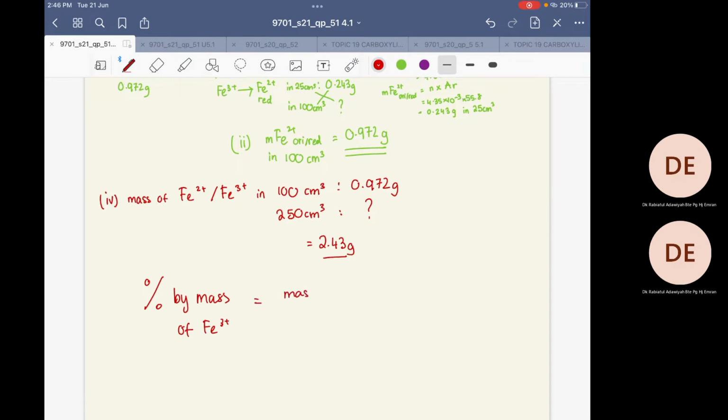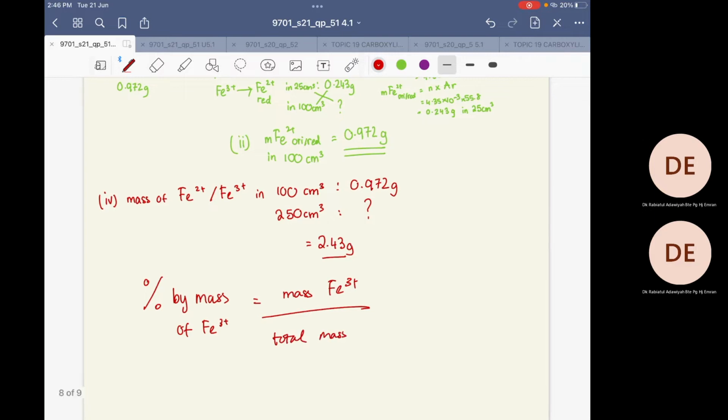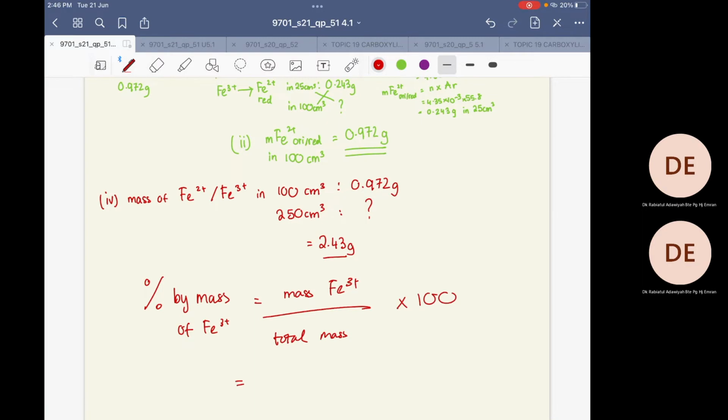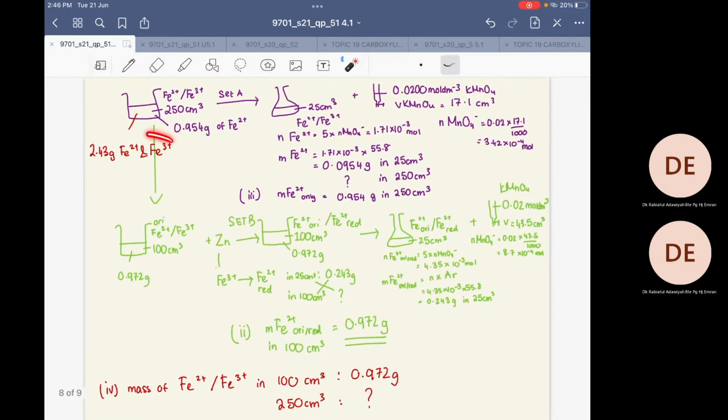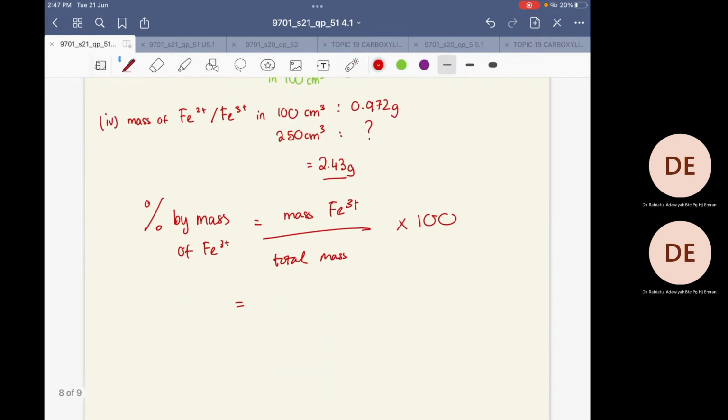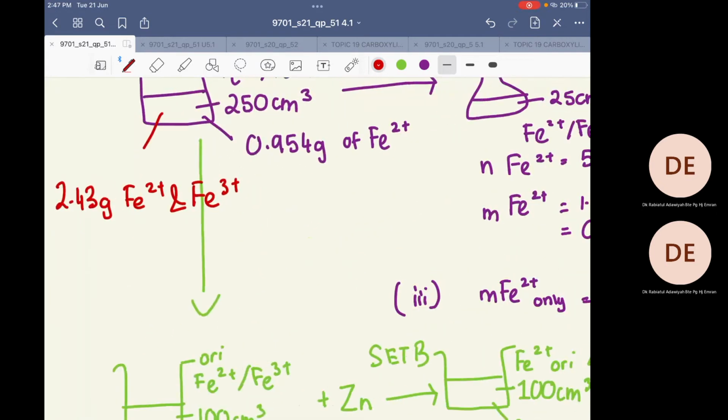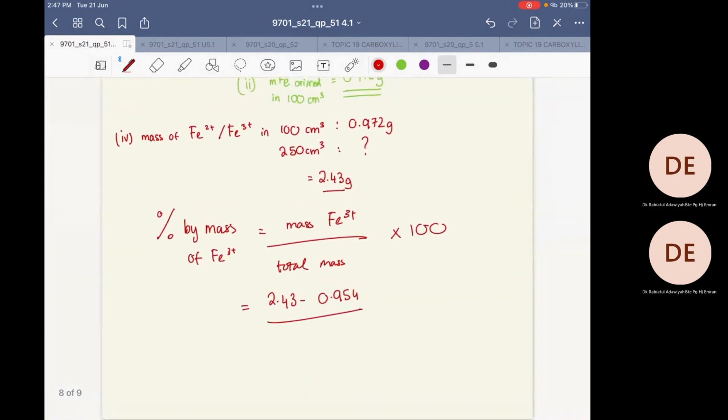I need mass of Fe3 plus over the total mass of the whole solution times by 100. To find the mass of Fe3 plus, I need to take 2.43 minus 0.954. Do you all agree? The total mass is for both ions, Fe2 plus and Fe3 plus. That means it's 2.43 grams.